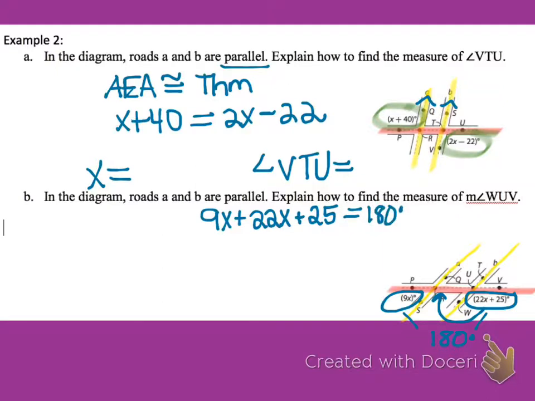So there's another one I'm going to leave you to finish. Find out the value of x and find out the measure of angle WUV in this one. And these will be some answers that we'll check back in on when we meet in class.